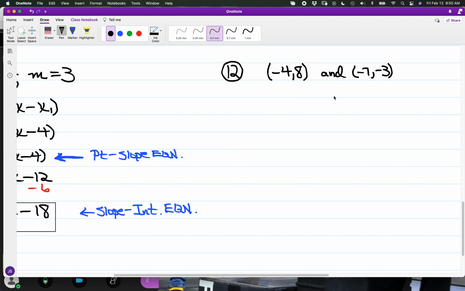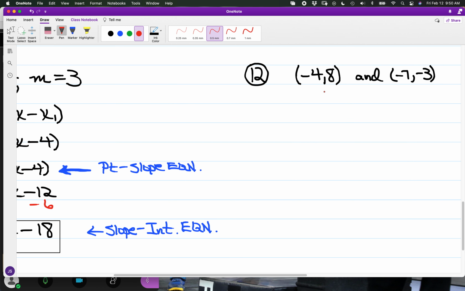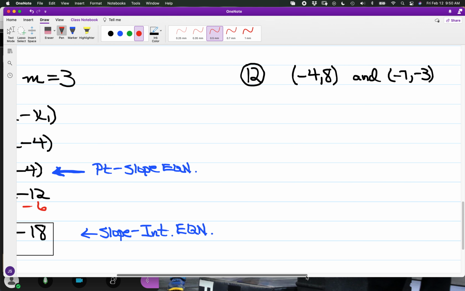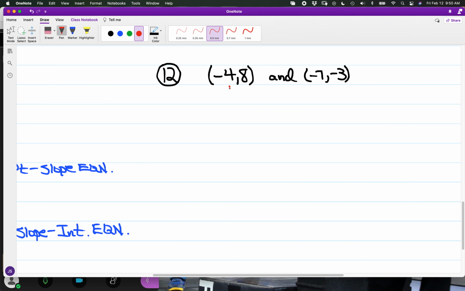So we have to determine the slope. m is not provided, and so we're going to discover the value of m upon the use of the slope formula. And we can go ahead and label what our subscripted x and y values will be.